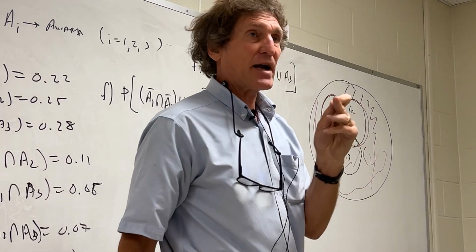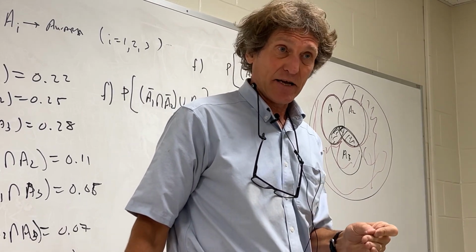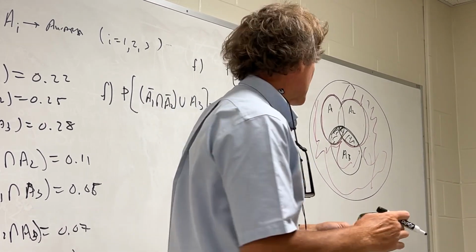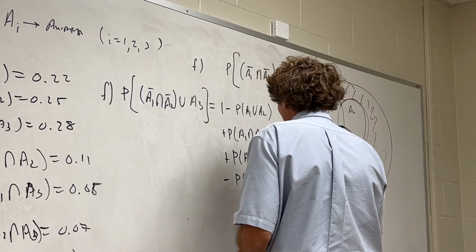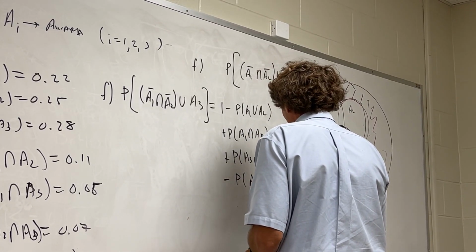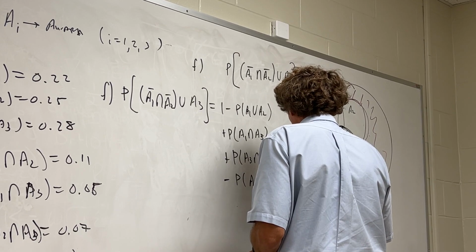Then I have to subtract that middle one because I've already added it in: minus the probability of A1 intersect A2 intersect A3.